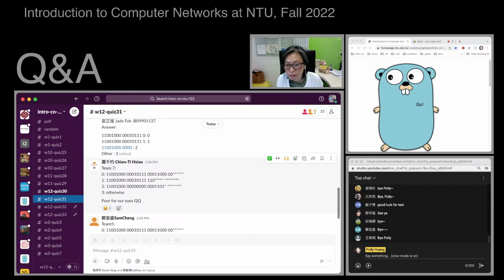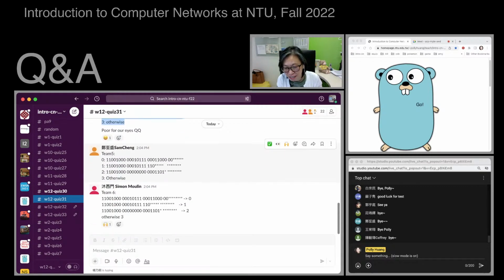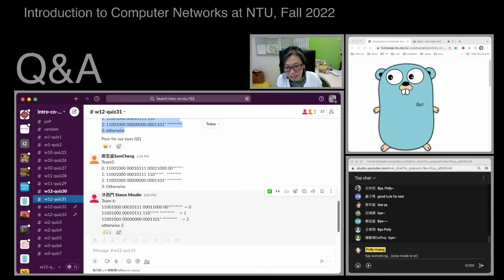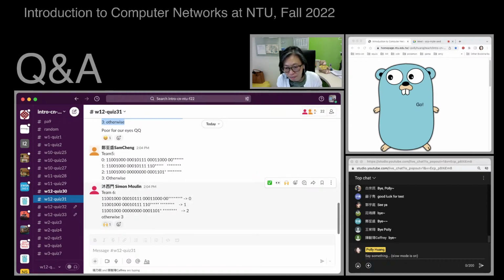This is another way to show the format. You put the interface on the left. It's okay. Very good.